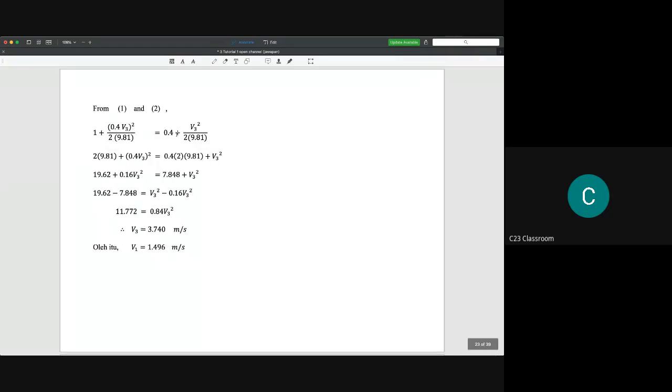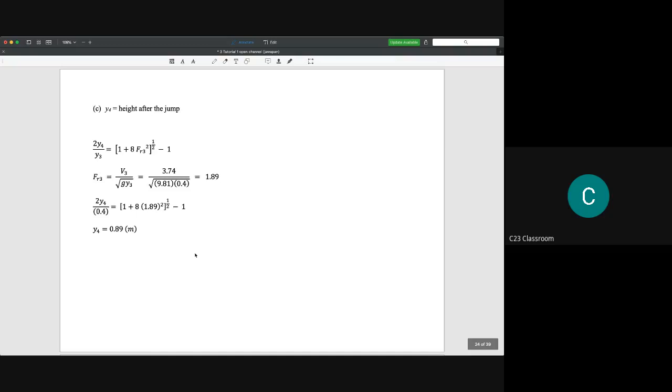you can solve the problem, and you get V3 equal to 3.740 meters per second and V1 equal to 1.496 meters per second. So that is for questions A and B. We get the velocity at 1 and 3.